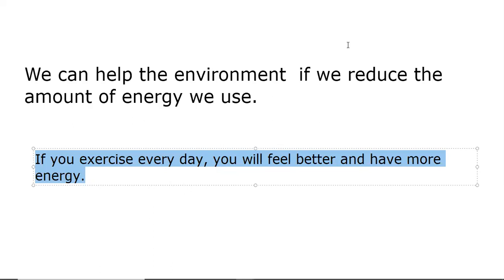Now let's move to page 107. Second conditional. The first and second conditionals are similar. The difference is that for the second conditional, we use would or wouldn't in the place of will. Why do we do that? Because we are talking about something that is improbable, hypothetical, or imaginary.